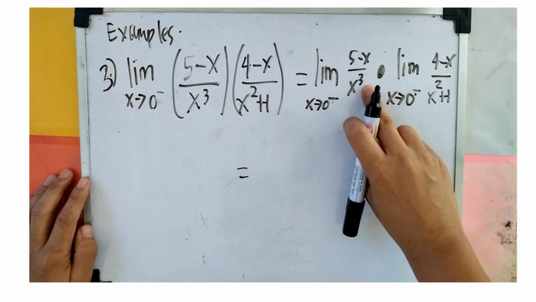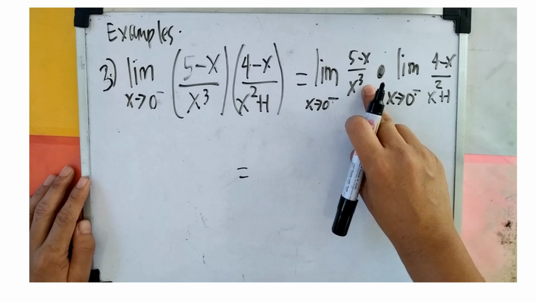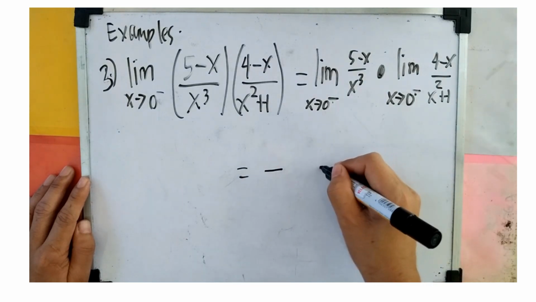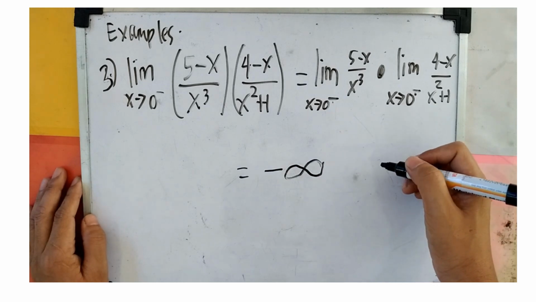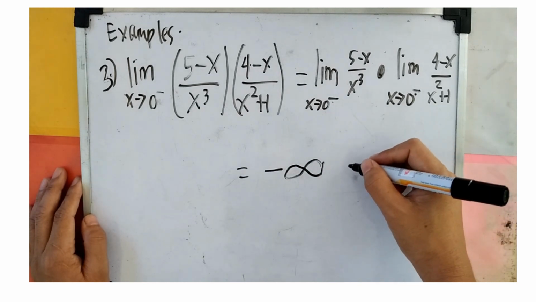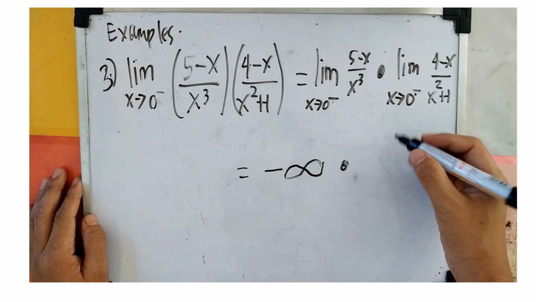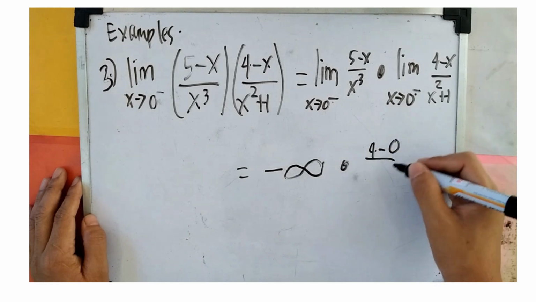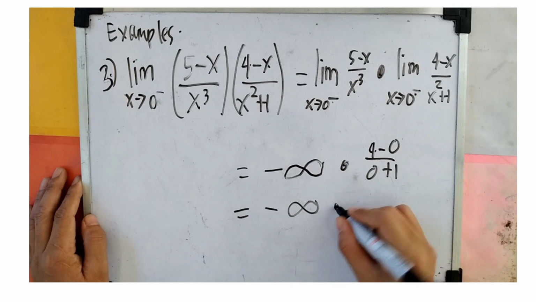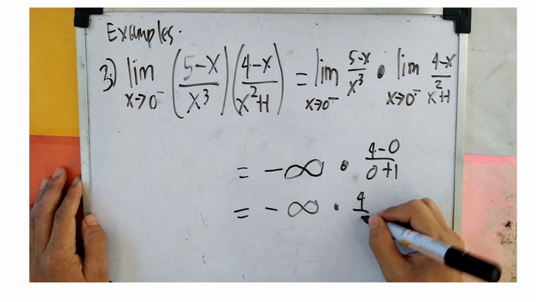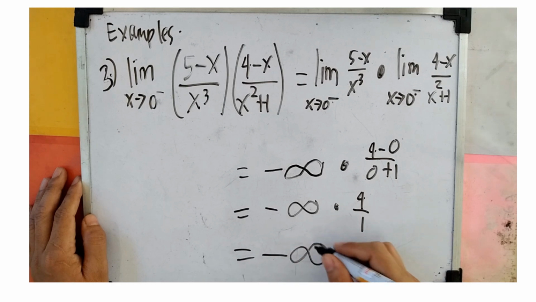Tapos, add pa talaga yung exponent. So the answer, positive or negative infinity? That's negative infinity. Yan yung theorem, ha. Tapos, times, substitute ang 0. 4 minus 0 over 0 plus 1, negative infinity times 4 over 1. The answer is negative infinity.